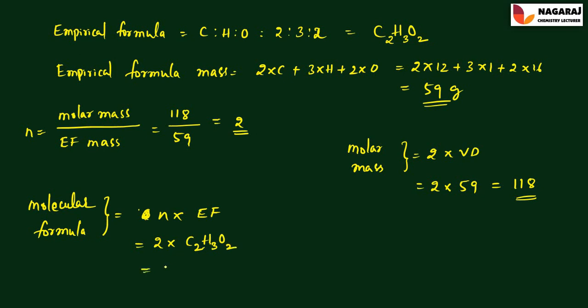So the molecular formula of the compound is C4, H 3 twos are 6, and oxygen 2 twos are 4, that is C4H6O4. That is the molecular formula of the compound. So these are the 3 varieties of problems to calculate the empirical formula and molecular formula of the compound.